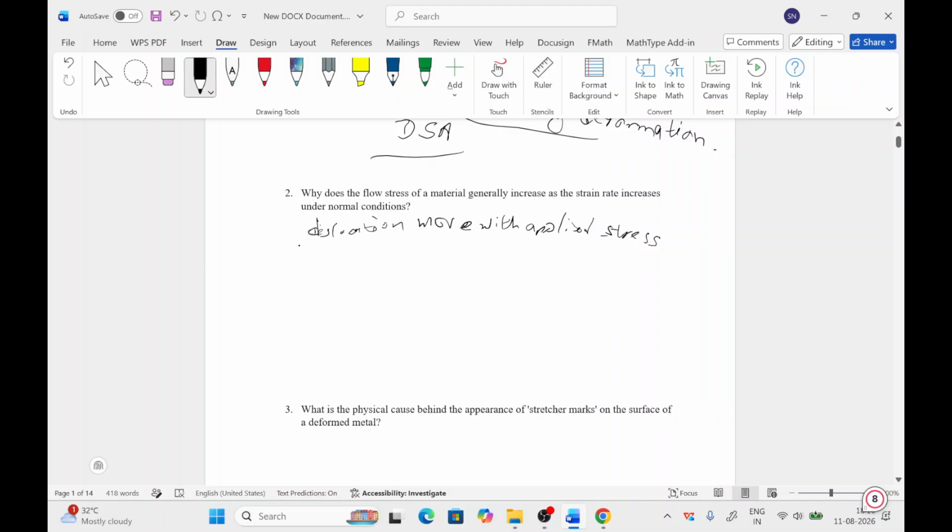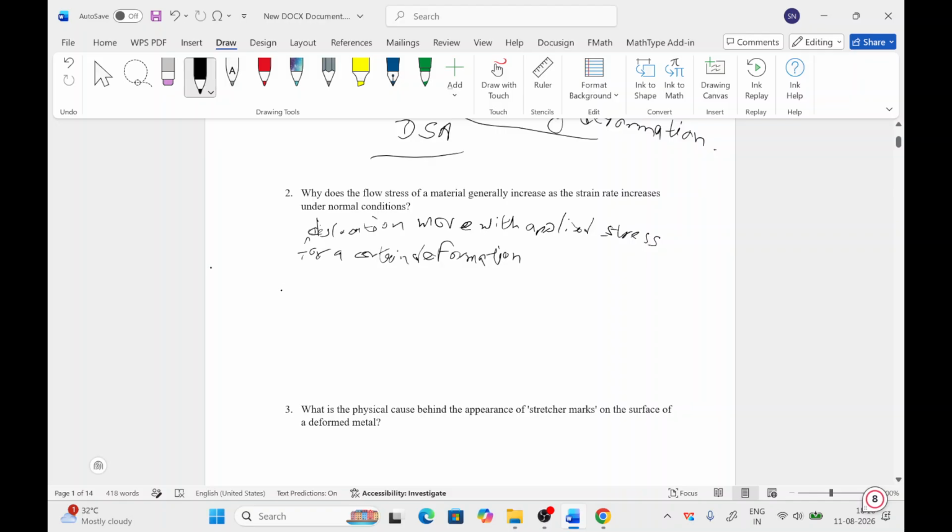To surpass any barrier in its path, it needs to overcome some energy barrier.